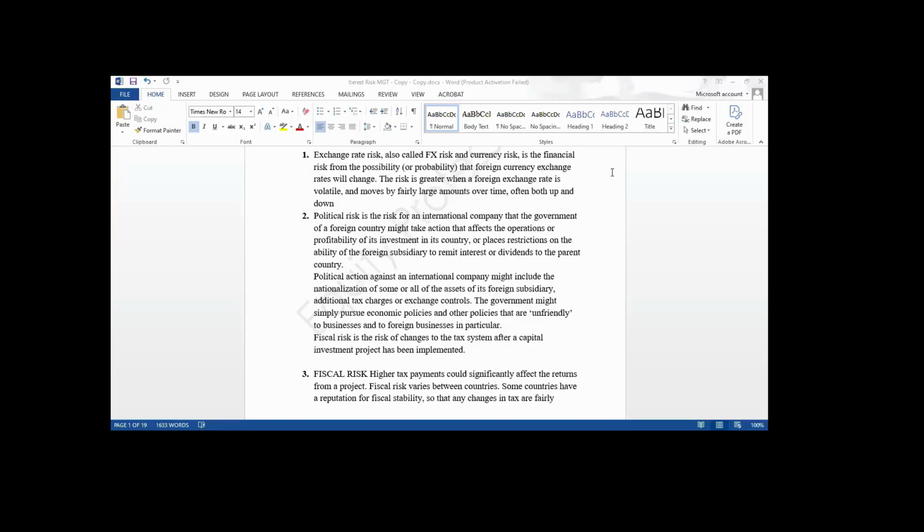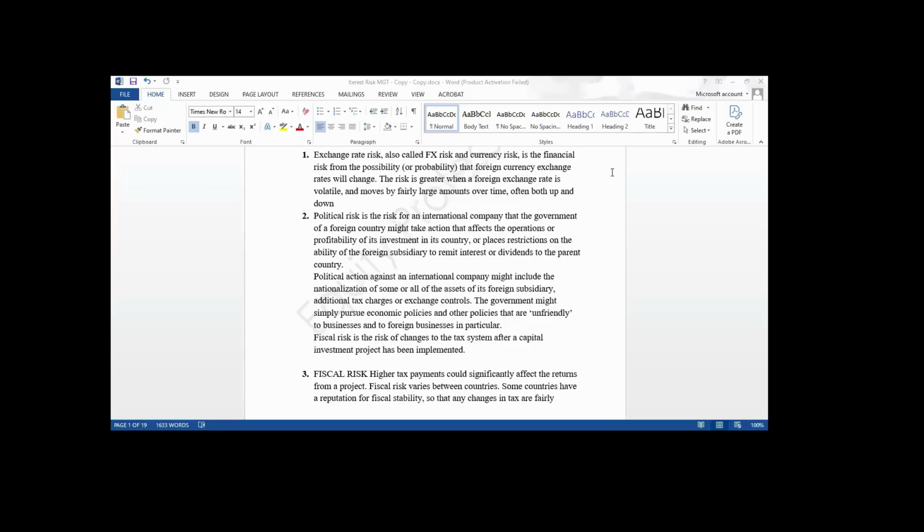Where there is a double taxation agreement, that means if your return has been taxed in the foreign country, then if you repatriate your income to Nigeria, that income will not be taxed again.